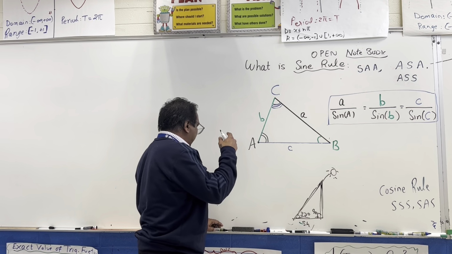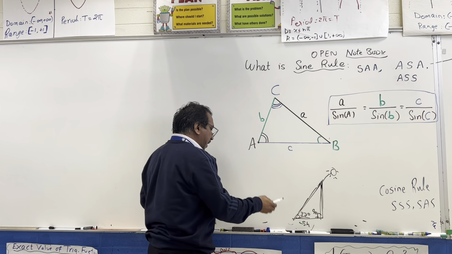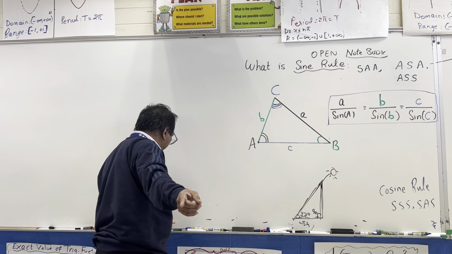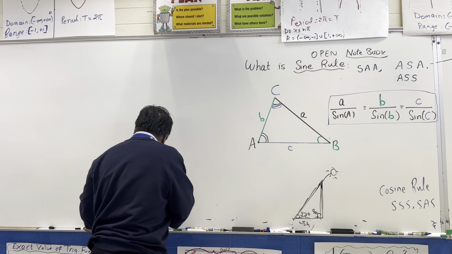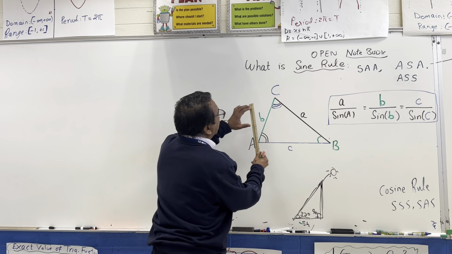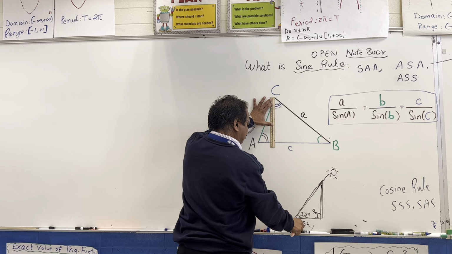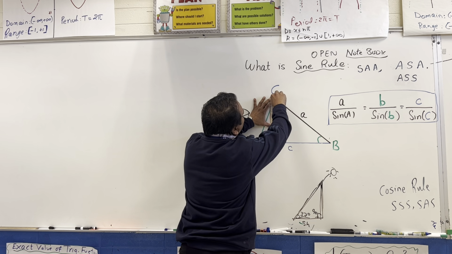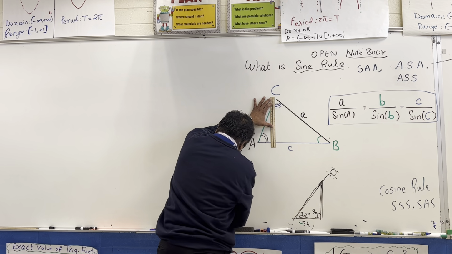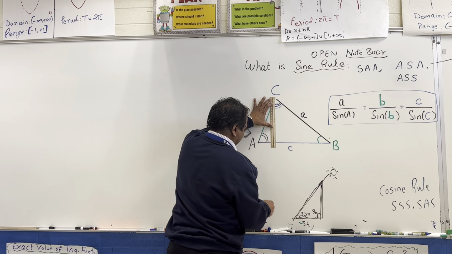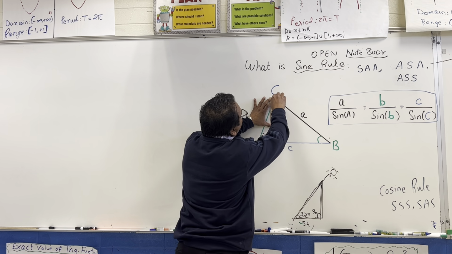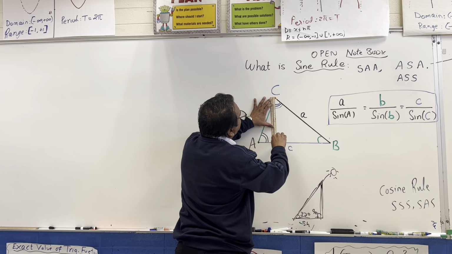Now in order to really prove that, I'll use a red color marker. So take your pen, a ruler, and drop a perpendicular from C. So from this C, let's drop a perpendicular.